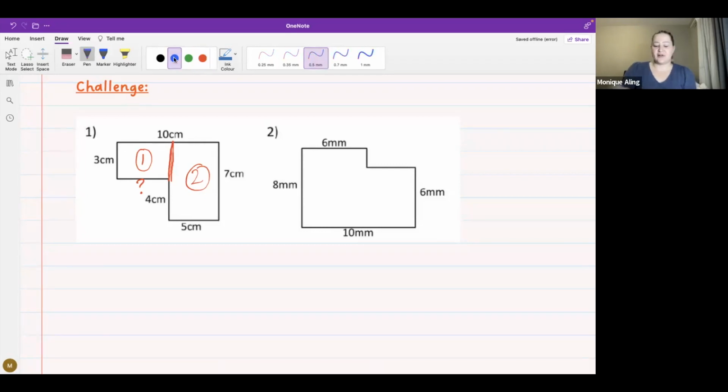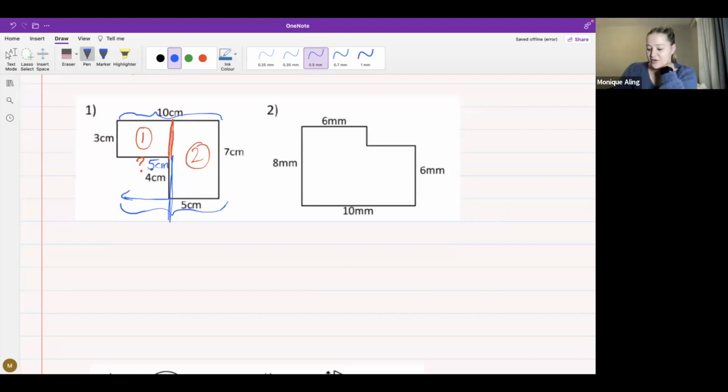So let's have a quick look. We know that this whole length is 10 centimeters. So that means this whole length needs to be 10 centimeters. But we know up until this point, it is 5. So to make up the rest of the 10 centimeters, this must be 5 centimeters over there. We did have a look at finding the missing sides last lesson, and you guys were quite confident.